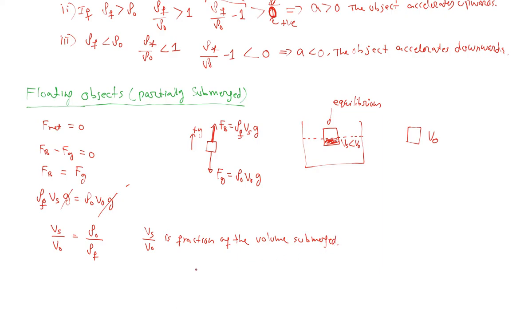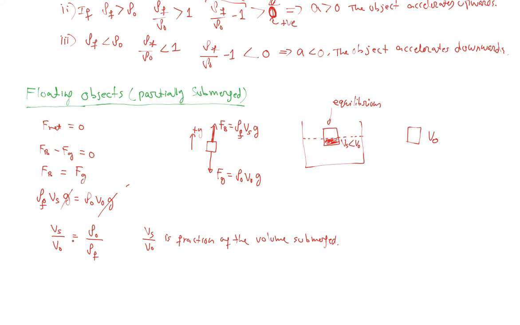For example, if Vs over Vo equals half, it means that half of the volume is submerged, and half the volume is above the surface. So this ratio is simply the fraction of the volume submerged. If this fraction is 1, it means it's totally submerged. If this fraction is 0.25, it means 25% of the volume is submerged and 75% is above the surface.